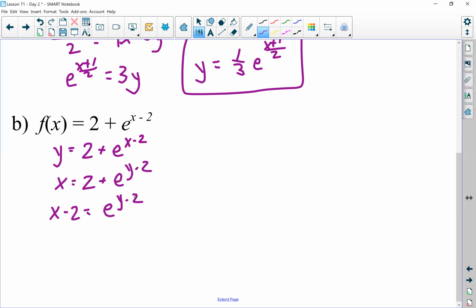Now what we're going to do is take the natural log of both sides. And what happens when we do that, the ln and e are inverses. They cancel each other out. We're just left with whatever the exponent is.